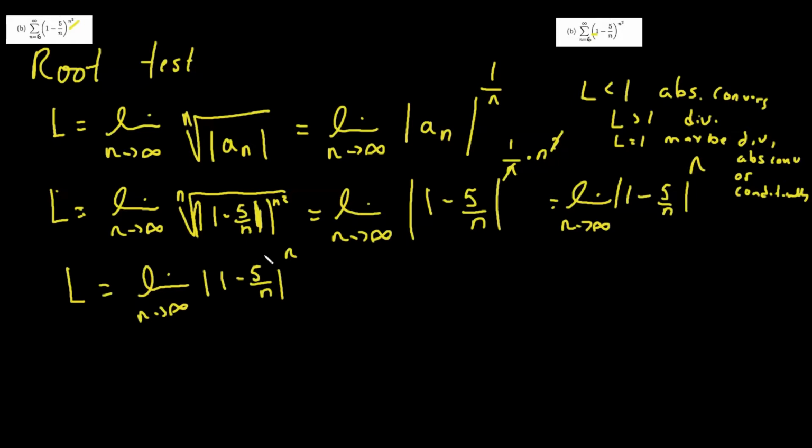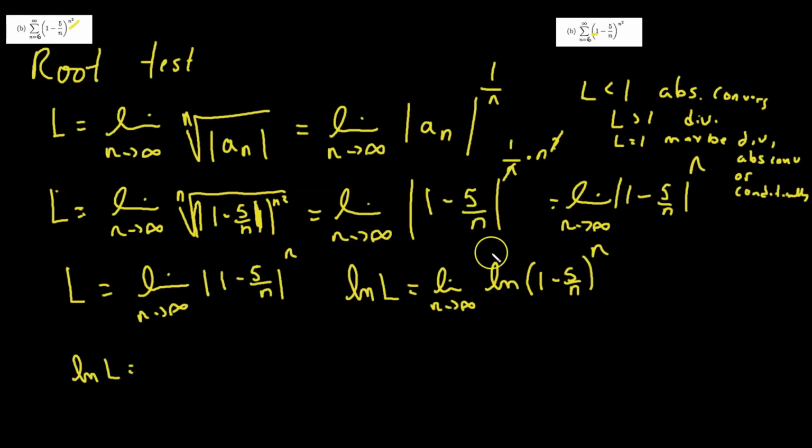We would simply take the ln on both sides, and we get ln L is equal to the limit as n approaches infinity of ln, and we can drop these absolute value signs, (1 minus 5 over n) to the n. Alright, so this further changes to ln L. So you can bring this n to the front of the ln, and n ln(1 minus 5 over n).